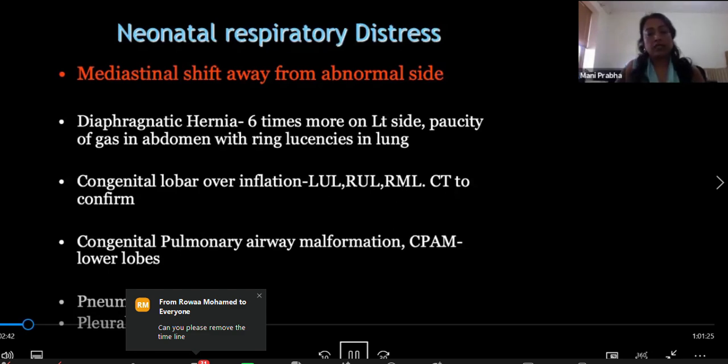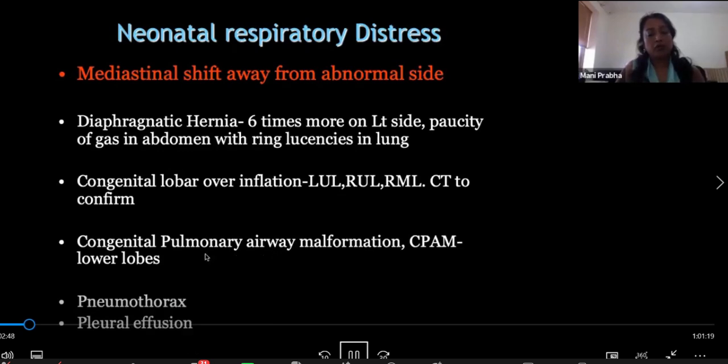And then CT is used for confirmation. Congenital pulmonary airway malformation is predominantly seen in the lower lobes. Pneumothorax and pleural effusion also you have to keep in mind.